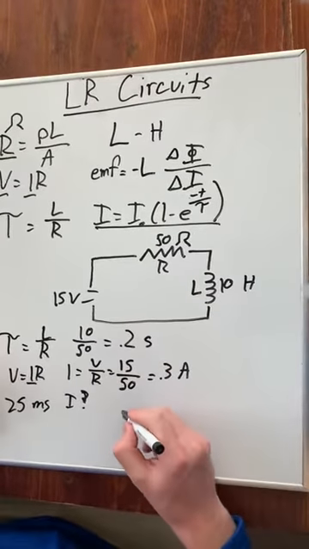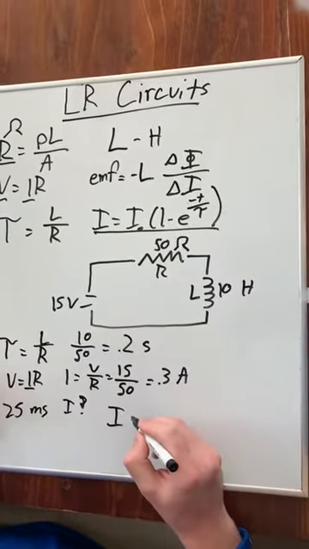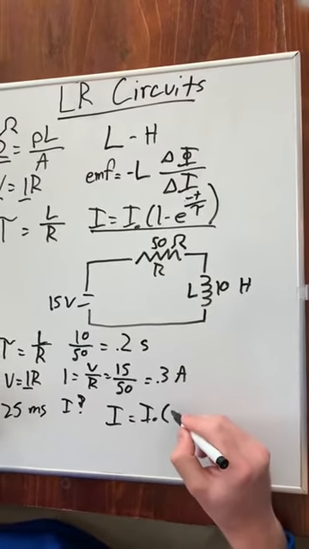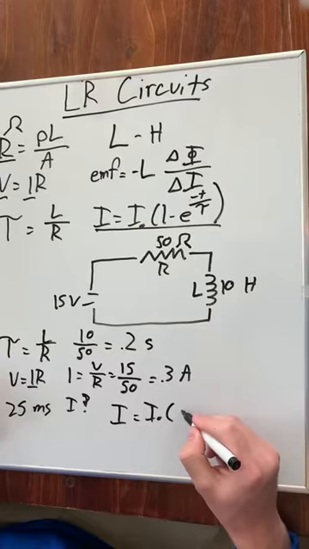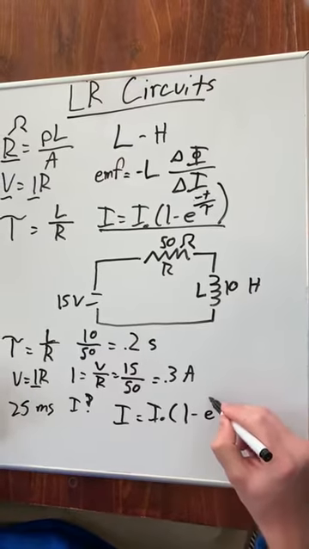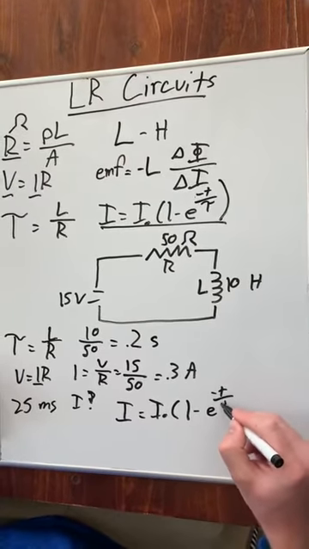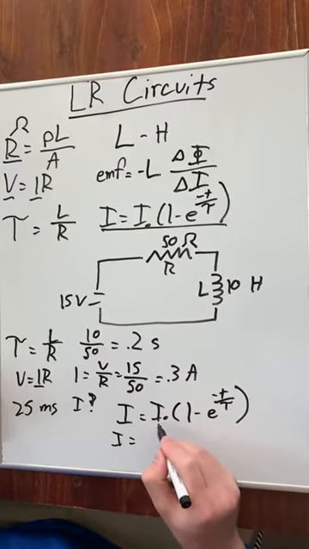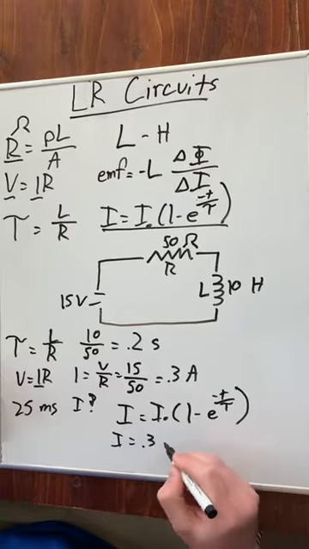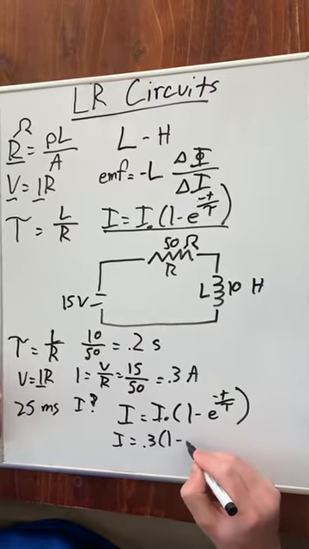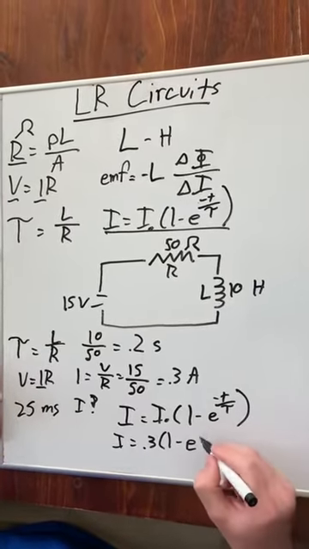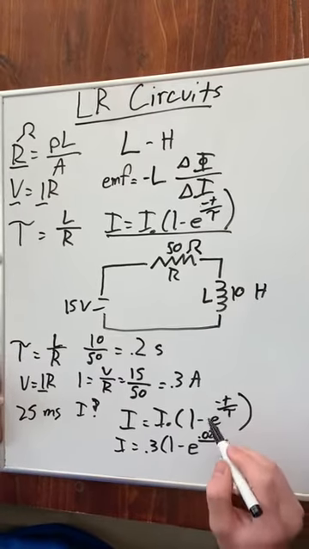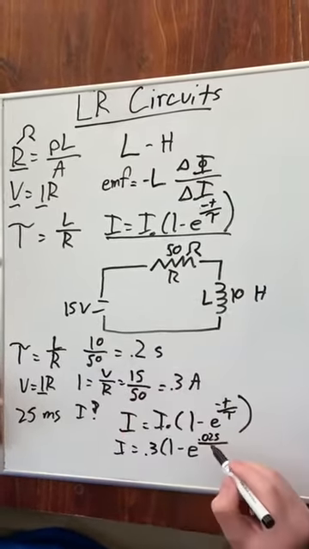So we remember we have I equals I naught, and that's our maximum current, which is our 0.3, times 1 minus e raised to the negative t over tau. So we're solving for our I. Our I naught is 0.3 times 1 minus e raised to the negative time, which is 25 milliseconds, so 0.025 seconds, over our tau, which we calculated before as 0.2.